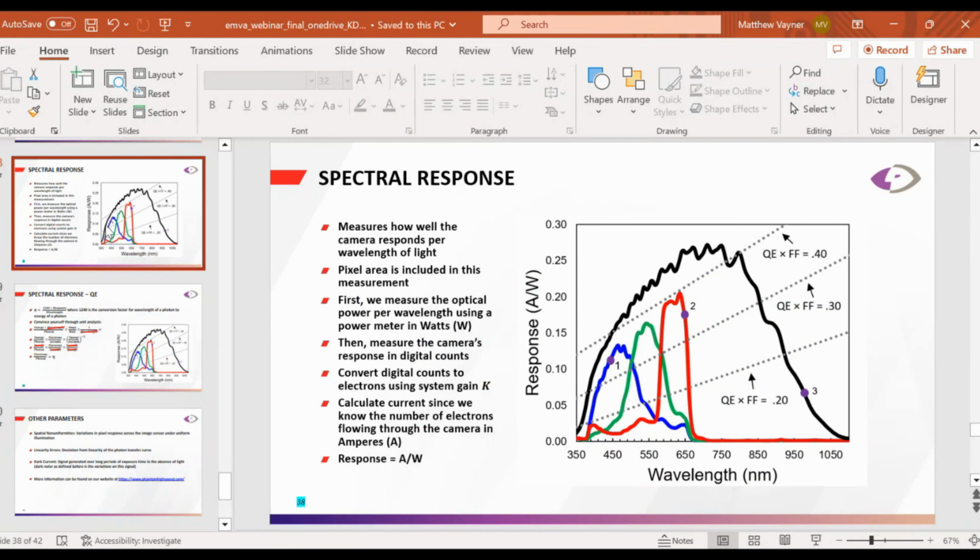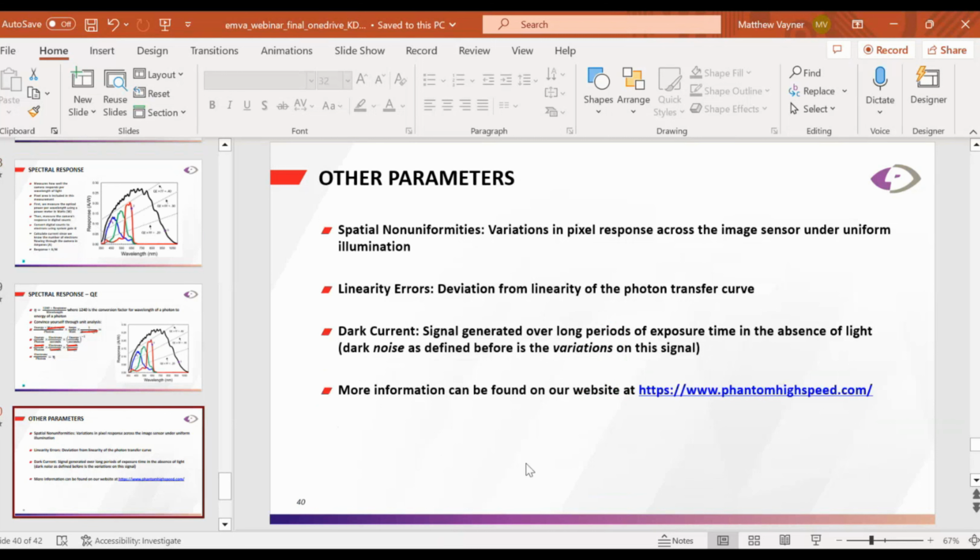Larry asked, does dark current relate to fixed pattern noise or something else? No. You want to maybe define a little bit what dark current is again? Yeah, I think for any of our high-speed cameras, we're very proud to say they are quite fast. So when it comes to dark current, with the exposure times that you're working with, dark current is going to be rather negligible, which is why it's variations on that signal, which are not negligible.